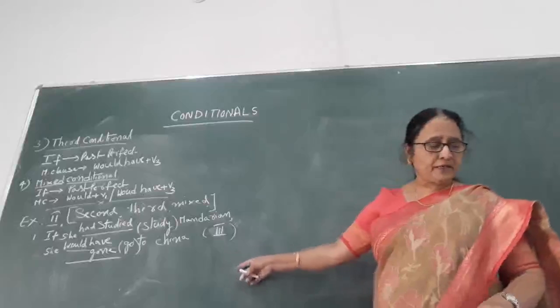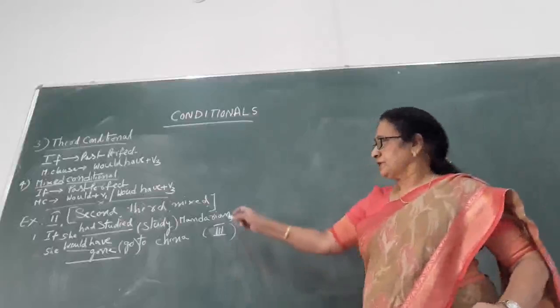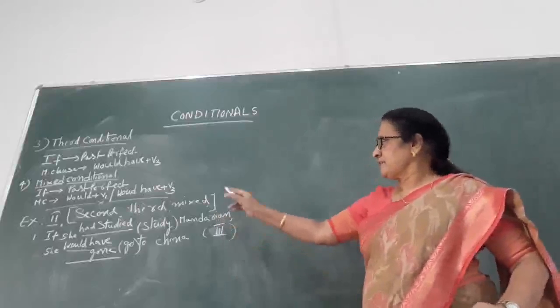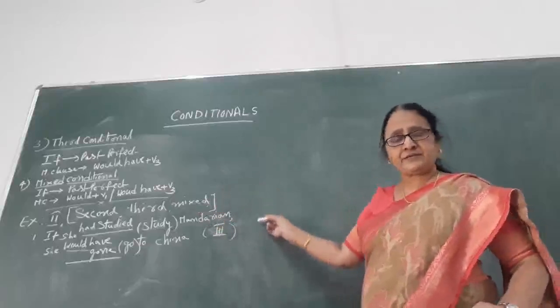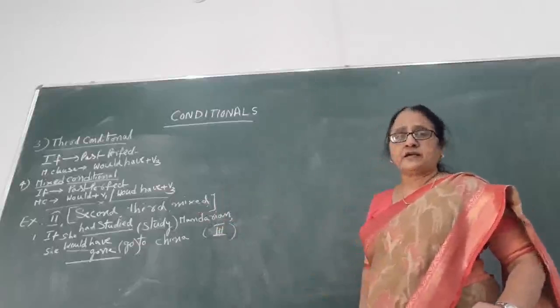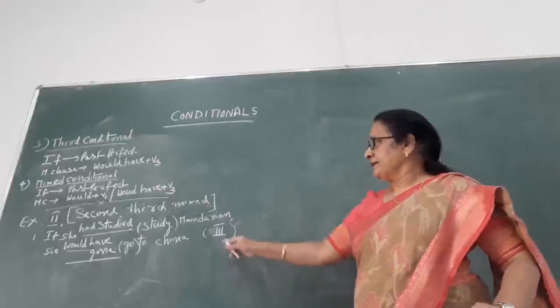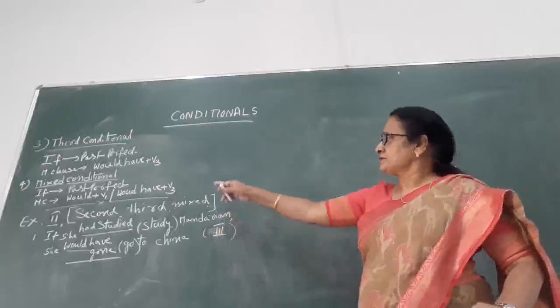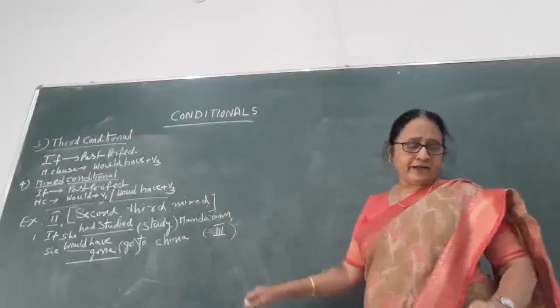See page number 62 in your textbook. If she study means if she had studied. Why had studied? It is past perfect. In that it will come: had studied Mandarin, she would have gone, meaning would plus have plus V3. Then it becomes the third conditional.